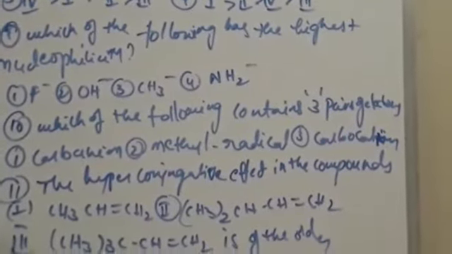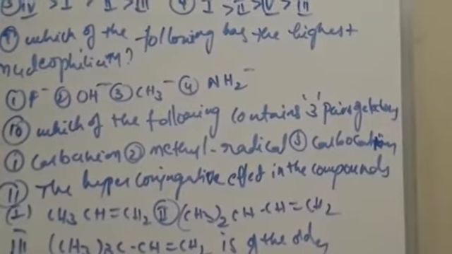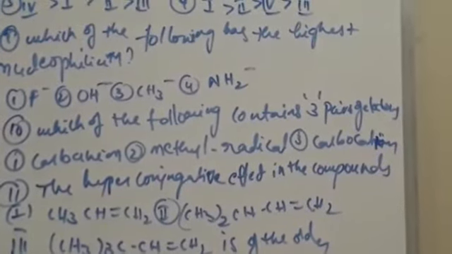Next, which of the following has the highest nucleophilicity? Nucleophilicity is the reactivity of a nucleophile. Nucleophilicity indicates reactivity of nucleophile. Here different options are there: fluoride, hydroxide, methyl and amine. So from left to right in a period, nucleophilicity gradually decreases.